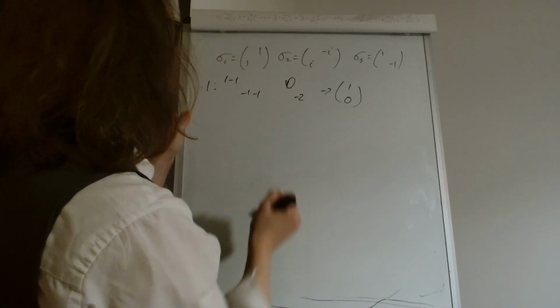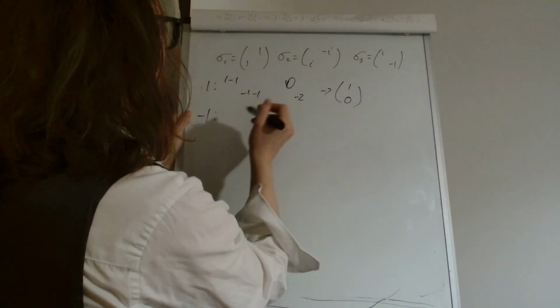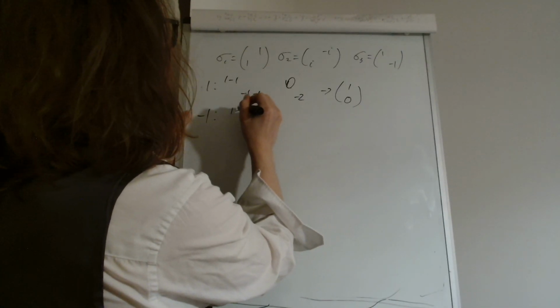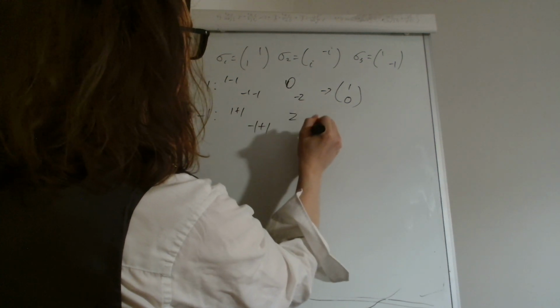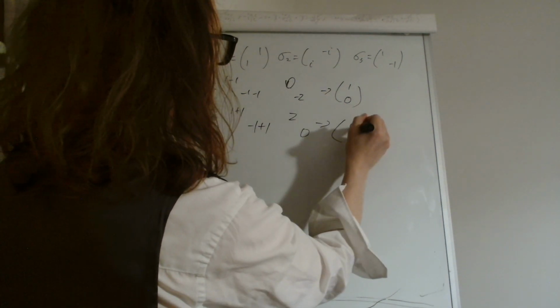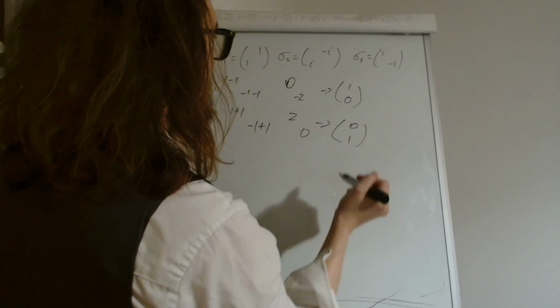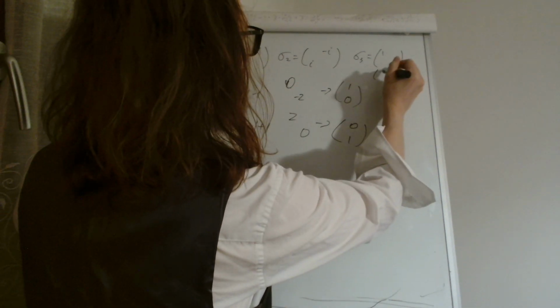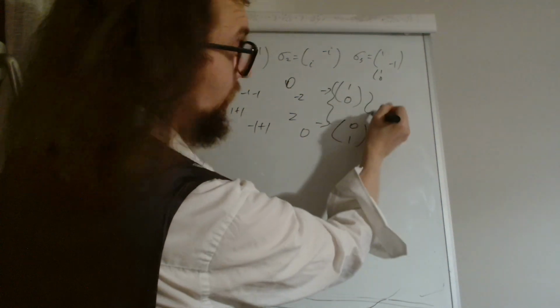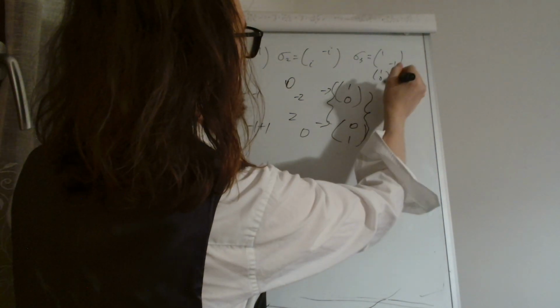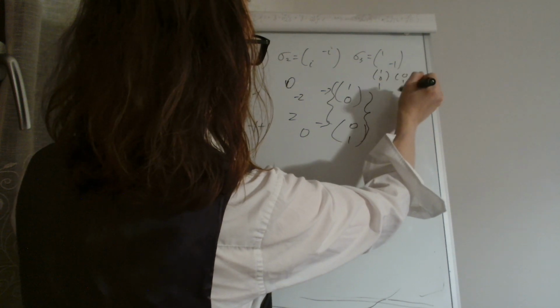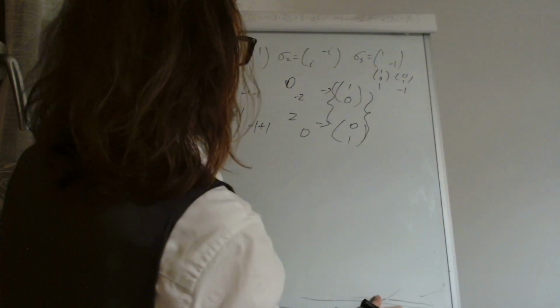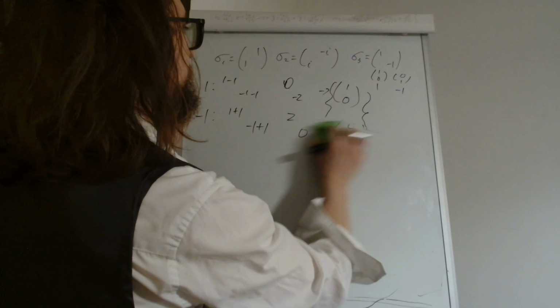And then for minus 1 we have 1 plus 1, minus 1 plus 1, so we have 2 and 0, which gives instead 0 1. So here we have this eigenspace: 1 0 with eigenvalue 1 and 0 1 with eigenvalue minus 1.